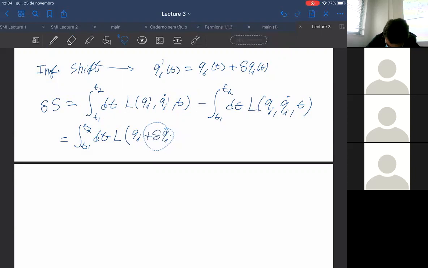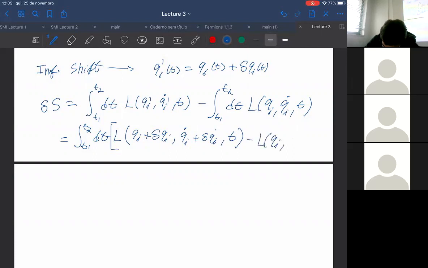So delta q_i, you know there is this dependence on t, q_i plus delta q_i, and delta q_i dot, and minus the other one. So let me already put both here, minus L(q_i, q_i dot, t).